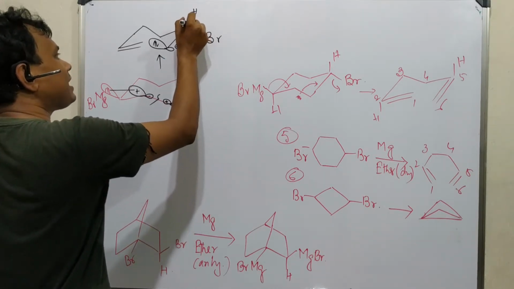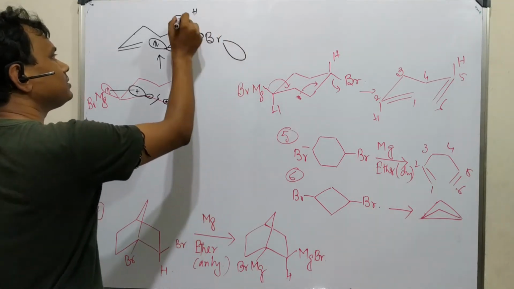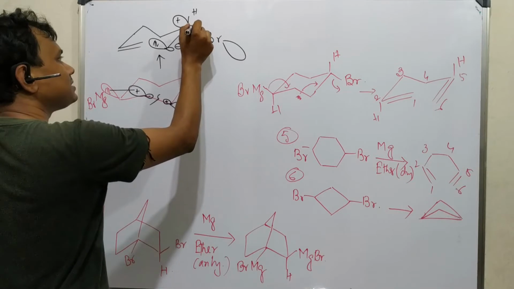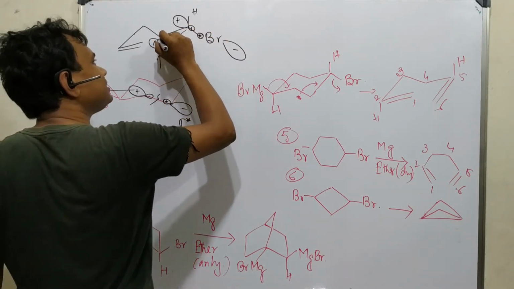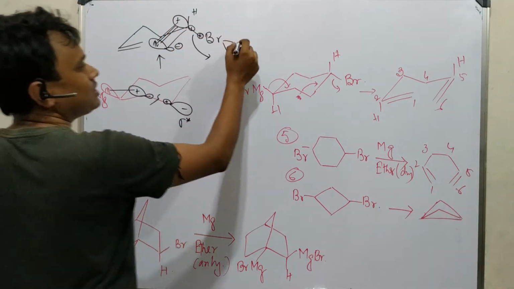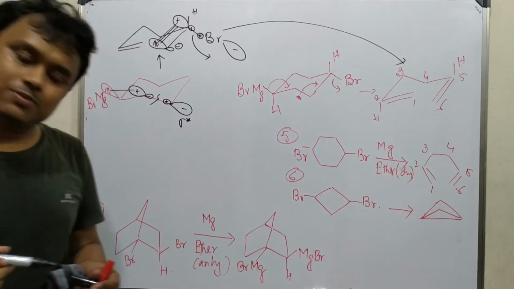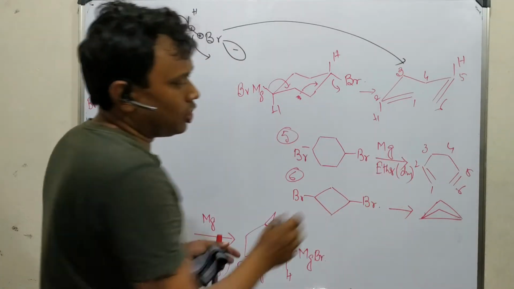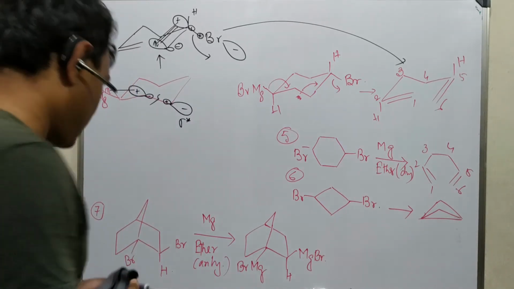This bond has a sigma star also, plus and minus. So this overlaps with this, and consequently this bond is broken. So ultimately it produces this. This is the stepwise explanation for the preparation of this double bond derivative. Fine, we have learned this.